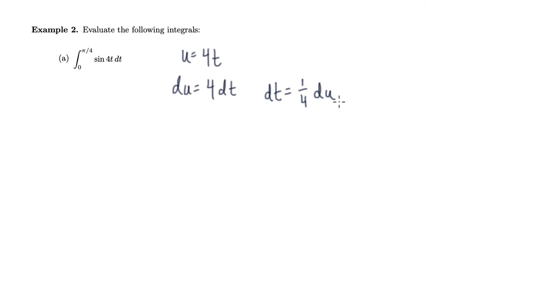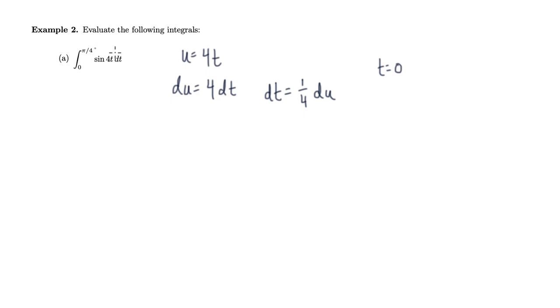Okay, so now an interesting thing comes up with the limits of integration, because the significant thing to notice is that these are t limits of integration. So when t is 0, I actually will need to replace my limits of integration with u limits.